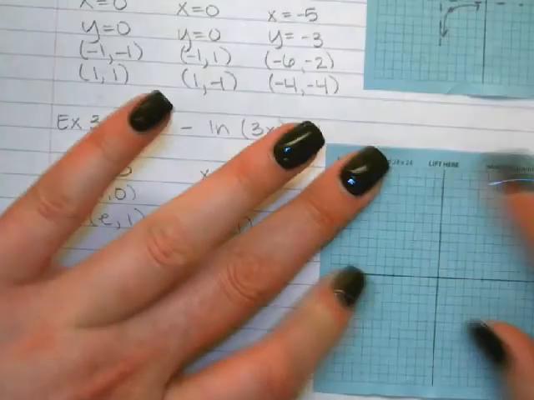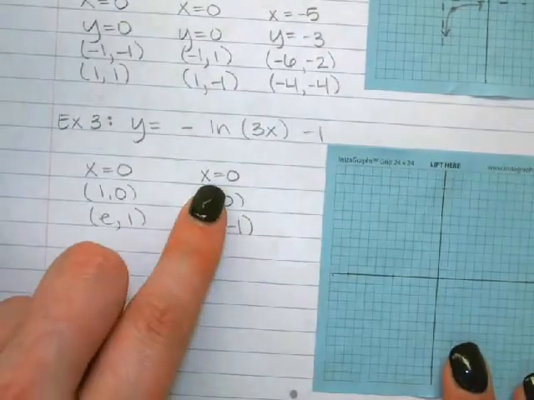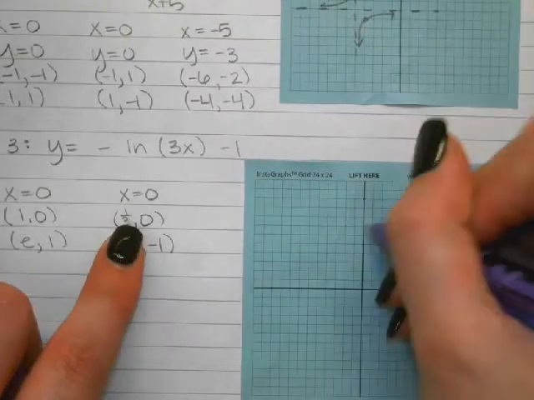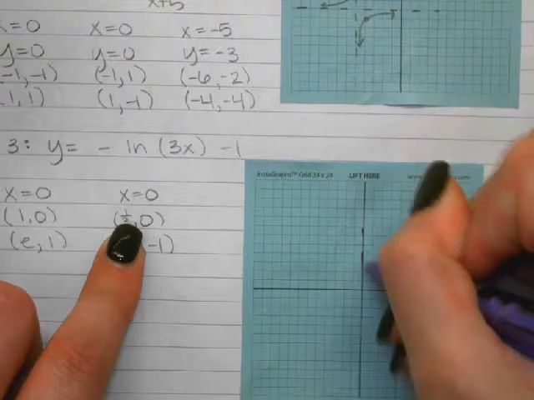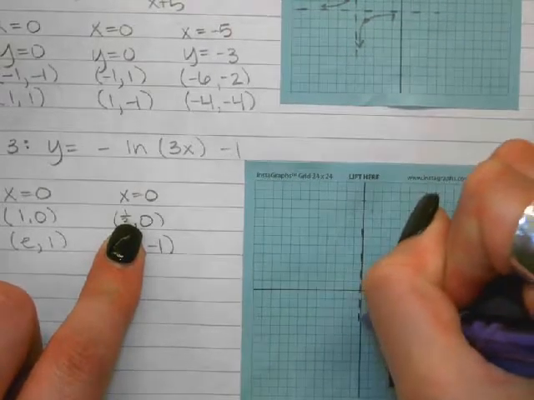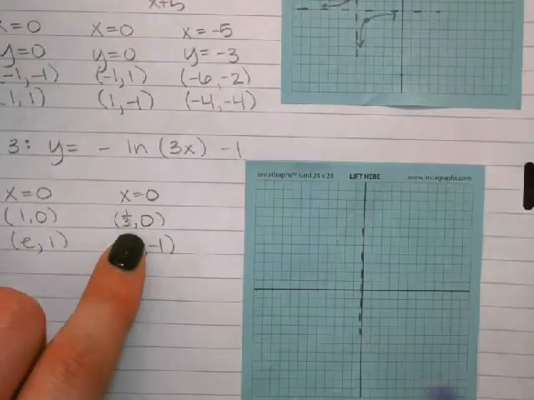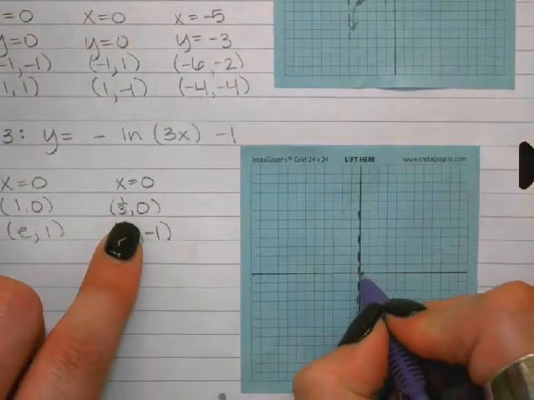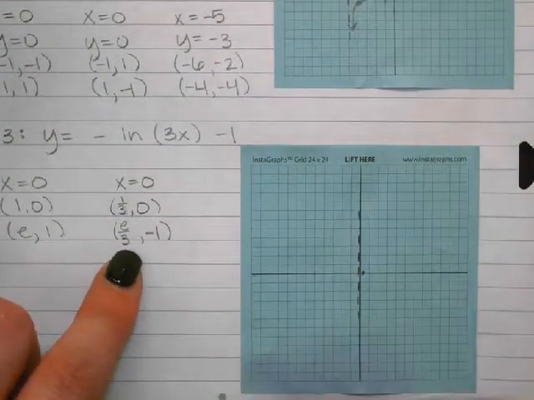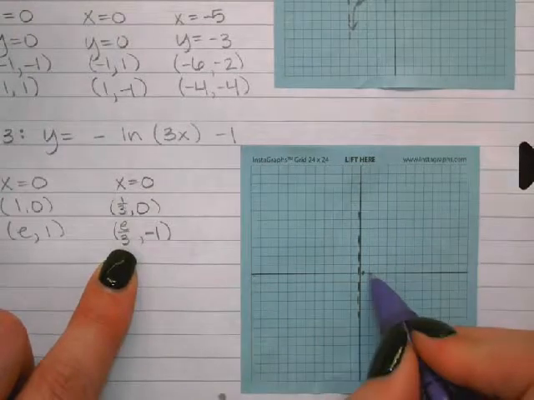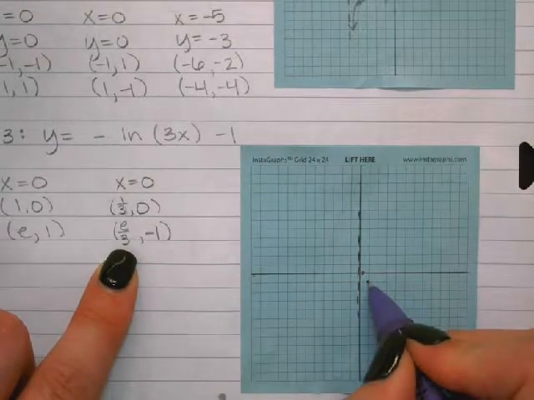All right, there's the sticky. So, vertical asymptote at 0. And then I have an x-intercept at 1/3, that's super tiny, and then a little bit less than 1, -1.